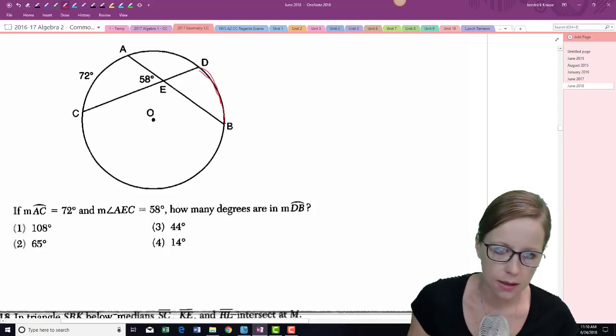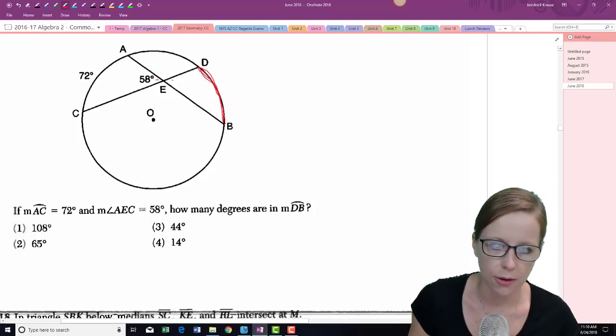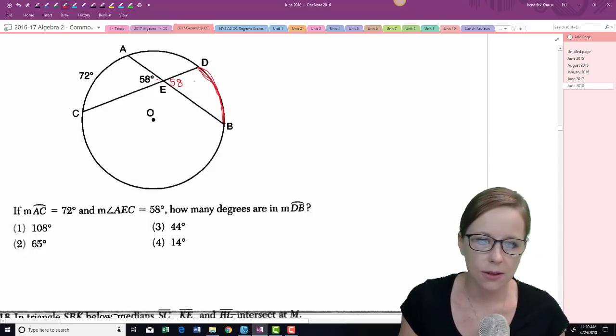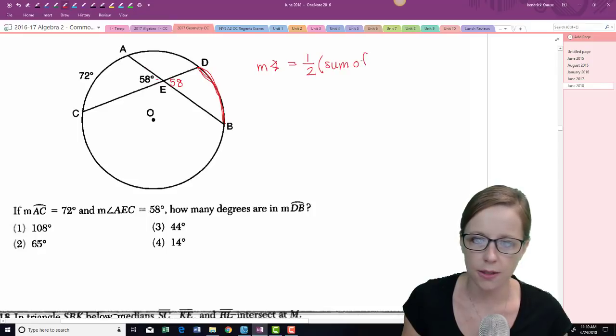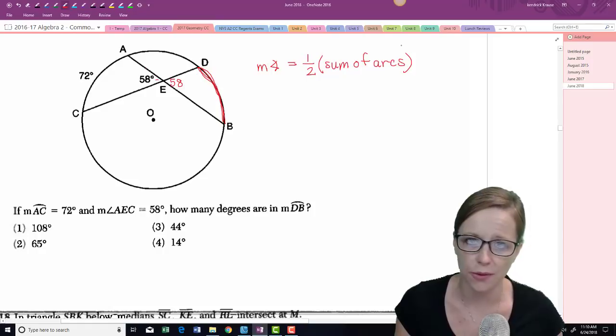So the formula you have to know is that this arc, okay, and this angle, well, we know vertical angles are congruent, so 58 goes here. That if you have angles inside, the measure of the angle inside is equal to half the sum of the arcs. And I always just say it in words. I don't write stupid formulas.